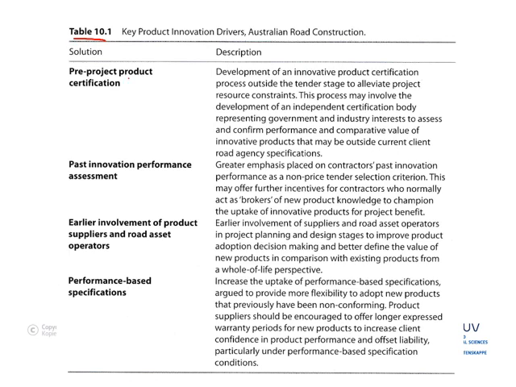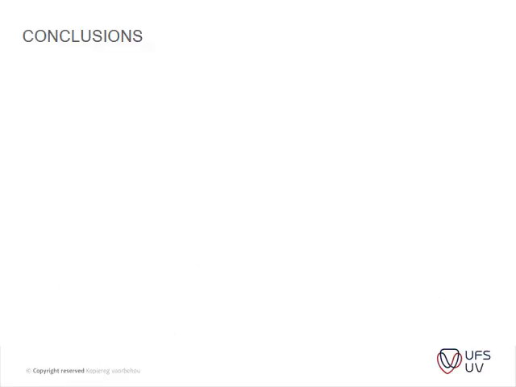Pre-project product certification, past innovation performance certification, early involvement of product suppliers and road asset operators, and then performance-based specifications. And then it's explained here on the right. I would want you guys to explain to me each of these points via this explanation.